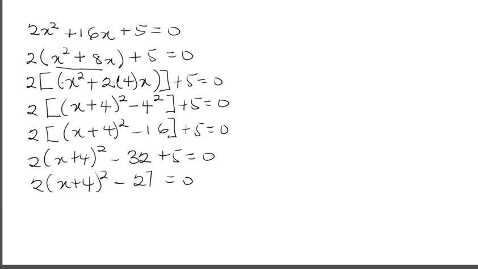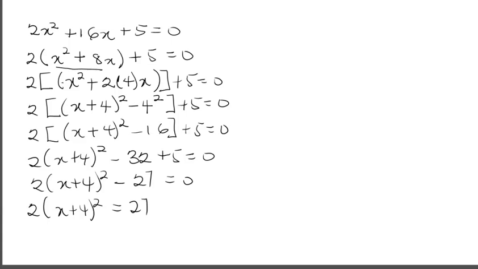So, like I said earlier, if you are just supposed to express it in the form a into bracket (x + b) all squared minus c, then you stop here. But in this case, we are solving it. So I'll need to move the negative 27 across the equal to sign. So that gives us 2, and then (x + 4) all squared is equal to 27.